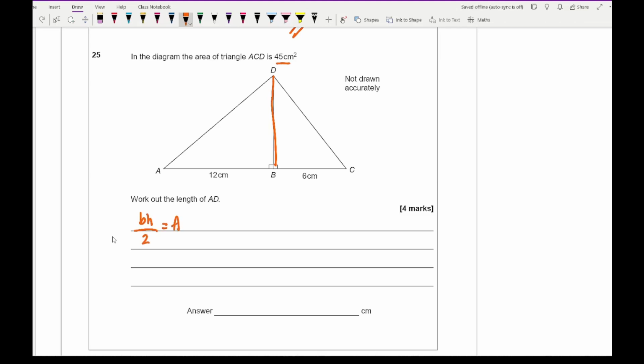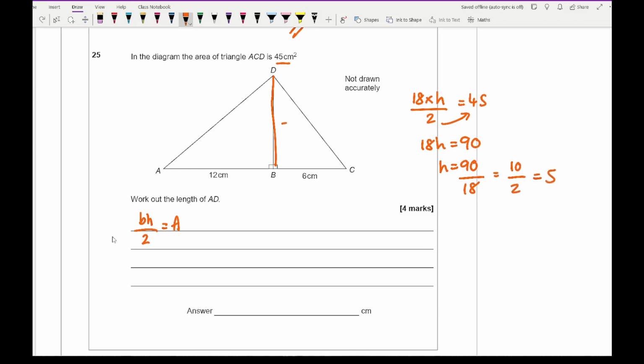So from this I've got b, the base, which is going to be 18, times h divided by 2 equals 45. If I take the 2 over, that becomes 18h equals 90. So h equals 90 divided by 18, which I can divide both numbers by 9. So I get 10 over 2, which is 5.